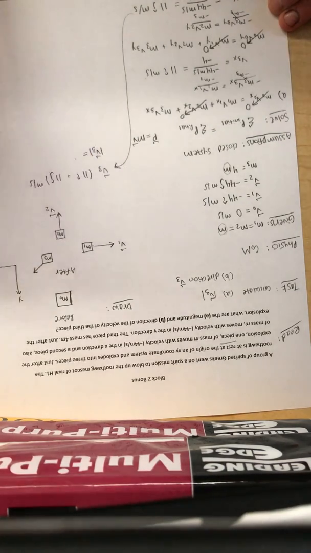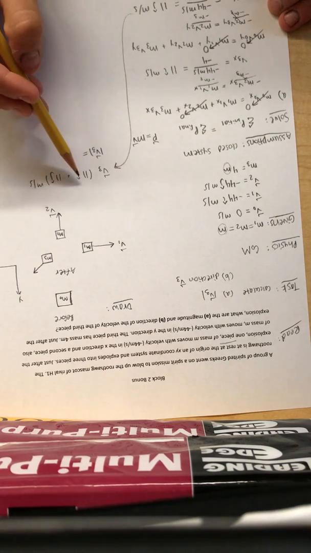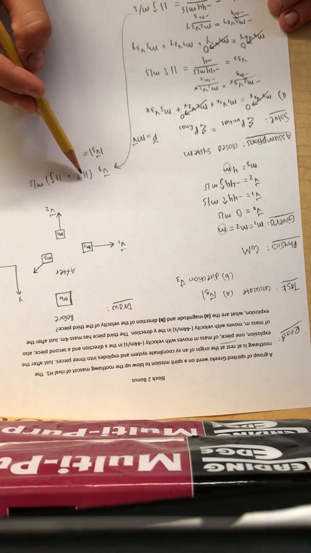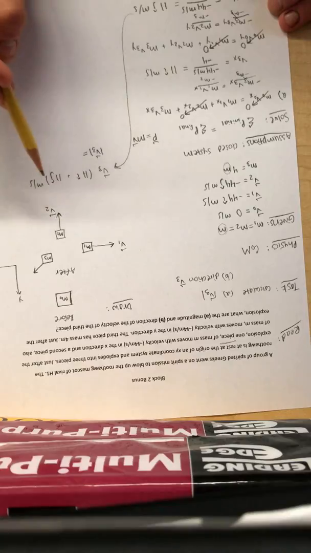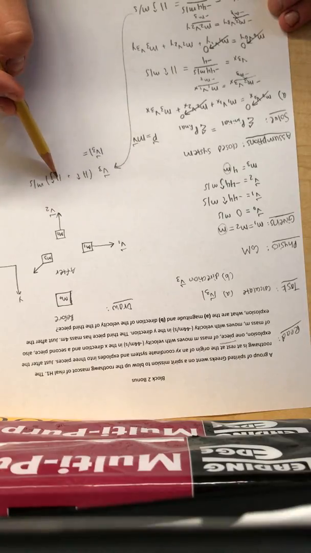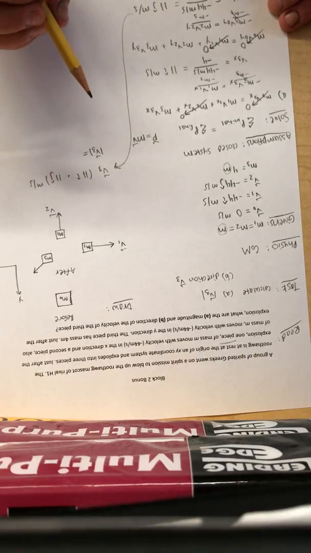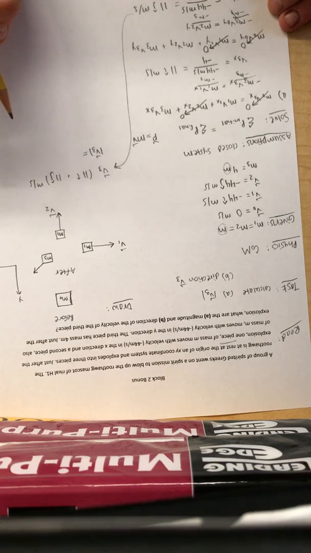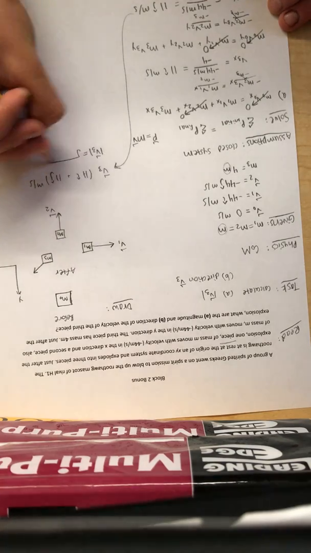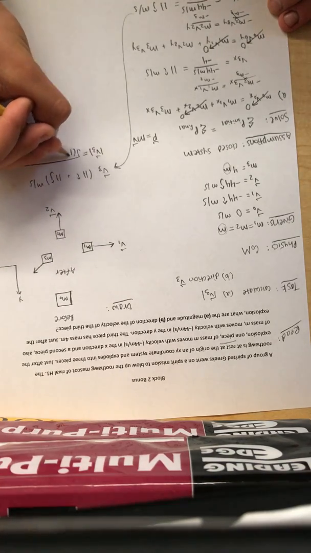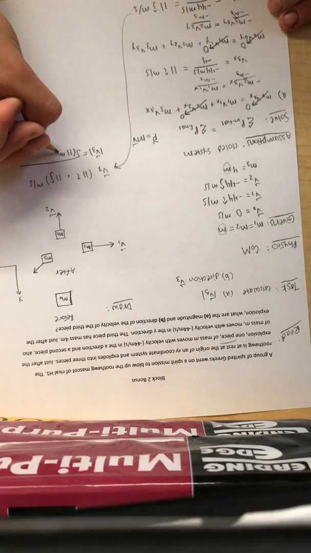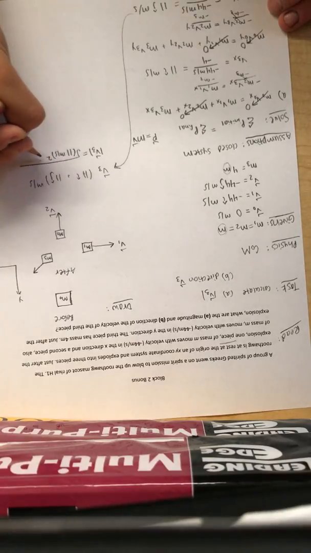Velocity. We will take the square of the x component plus the square of the y component, and we're going to square root that sum. It's going to look like this. 11 meters per second squared plus 11 meters per second squared.